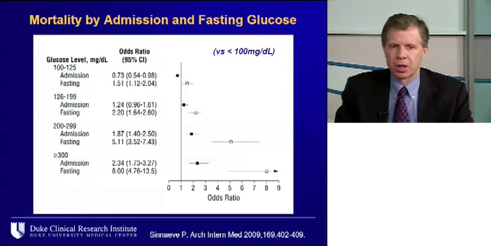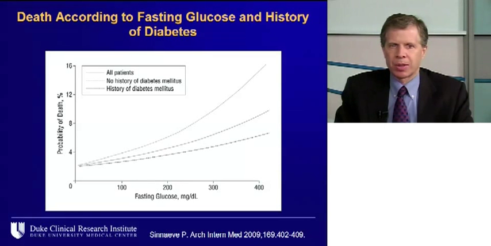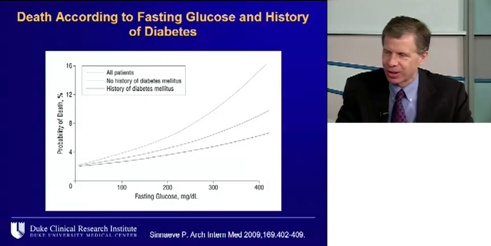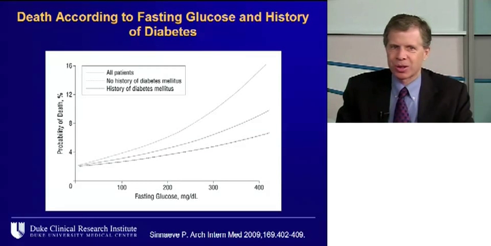This is a study published by Peter Sinov from the GRACE registry, and that is independent of whether a patient has an established diagnosis of diabetes, to your point. So if a patient has elevated blood sugar, especially fasting glucose, then regardless of whether or not they have a diagnosis of diabetes, they have an abnormality that relates in a linear way to their subsequent risk of death.